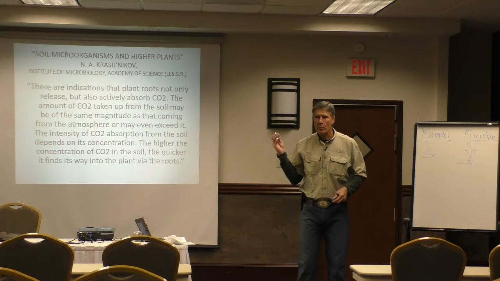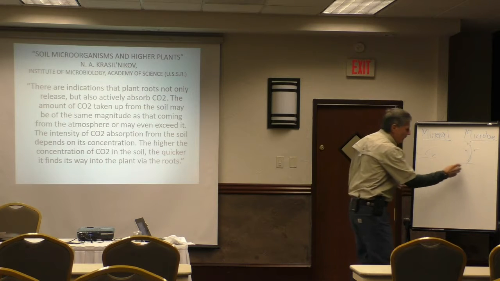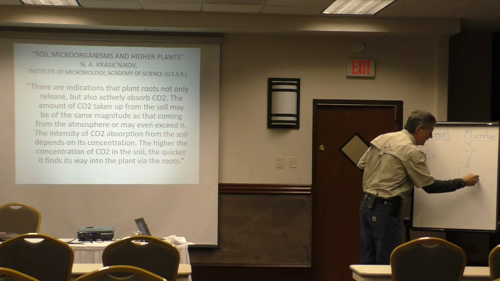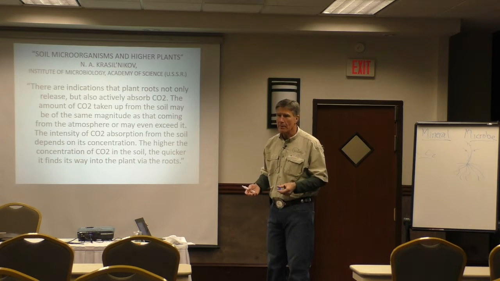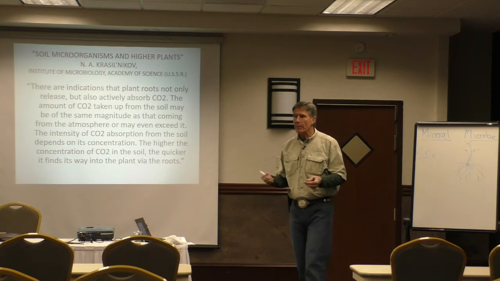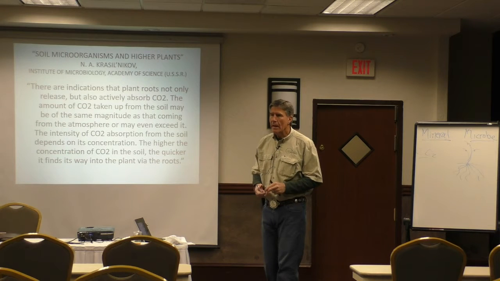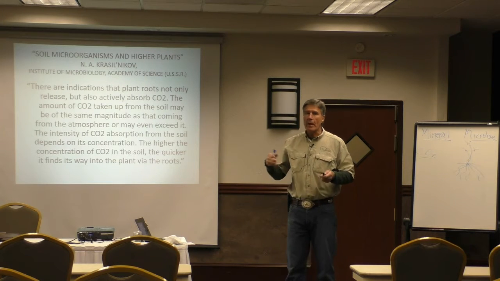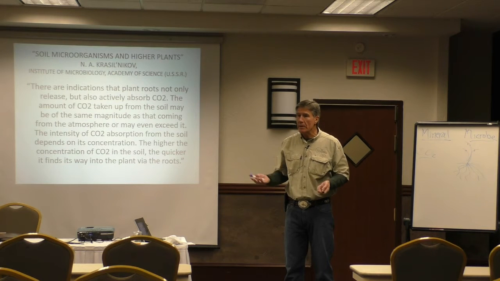Well, now we learn from the Russians, who keep screwing with our elections, that the root systems down here take up CO2 as well. Because the microbes in the soil are producing CO2, and the plant's taking up this CO2 over and over again. And so if we don't have a healthy microbial system, we're not going to grow plant structure. We're not going to get good yields.